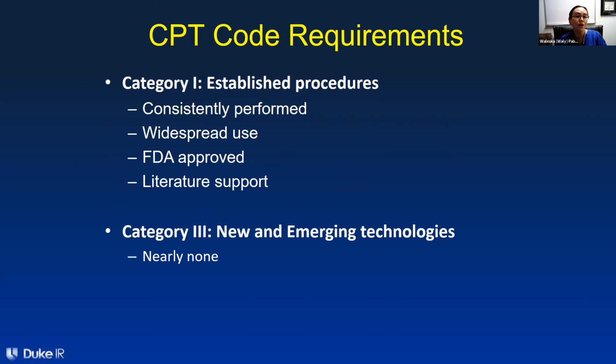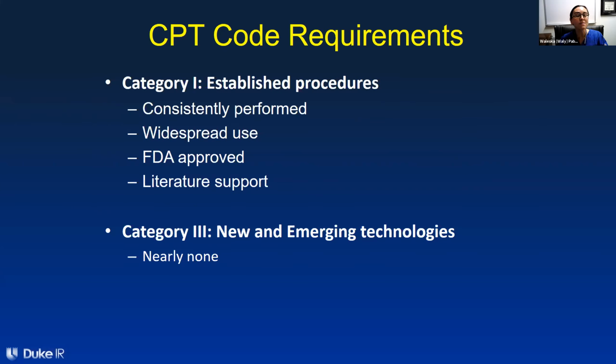So how are Category 1 and Category 3 codes different? The Category 1 codes, which are the established procedures, those applications are a lot more involved. When you submit an application for a Category 1 code, those procedures have to be consistently performed and of widespread use. If there's a device involved to perform the procedure or the surgery, the device needs to be FDA approved for that indication.